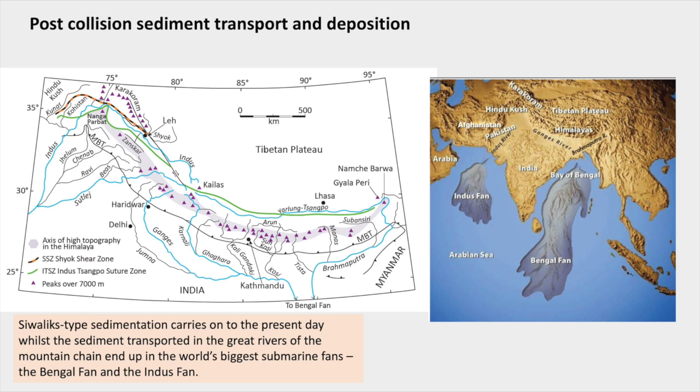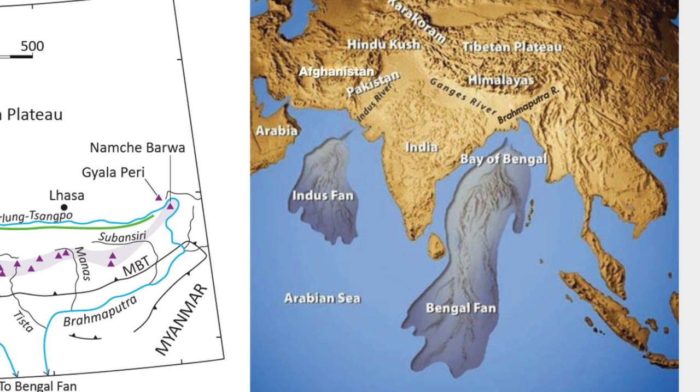It's one of the most dramatic sediment piles anywhere in the world, and it's been transported there by the Yarlung Tsangpo River out into the Bengal fan, and also by the Ganges River. And then you've got a comparable thing here, the Indus fan in the Indian Ocean, Arabian Sea.